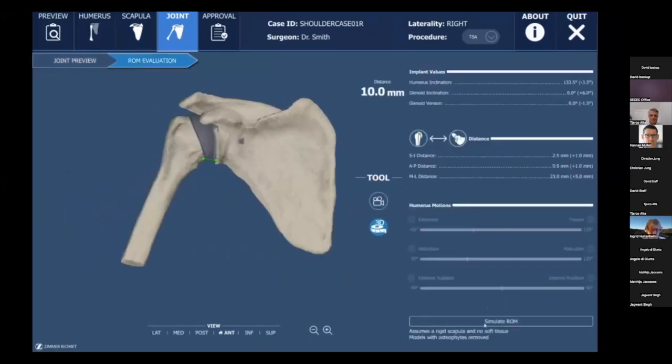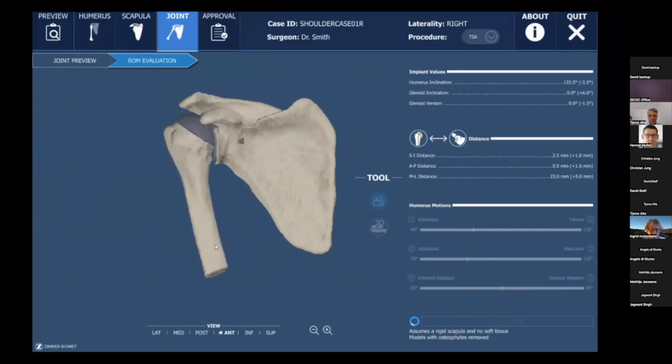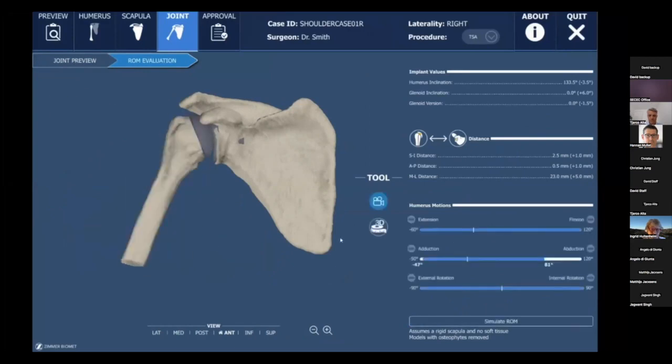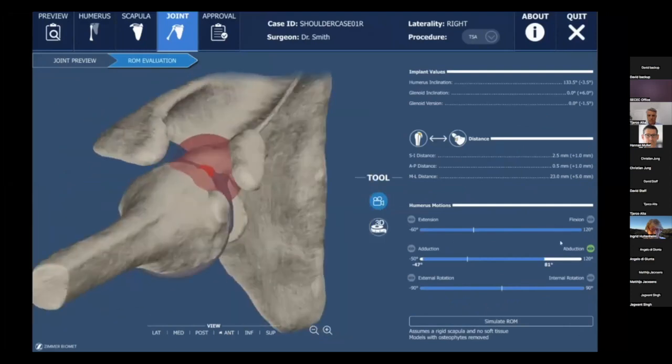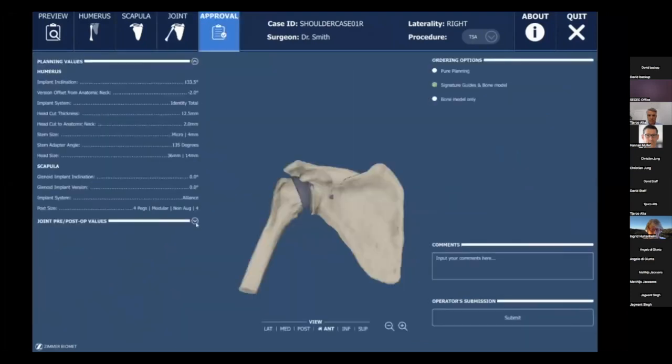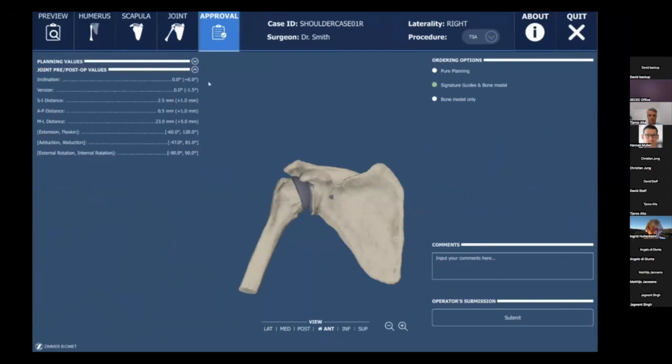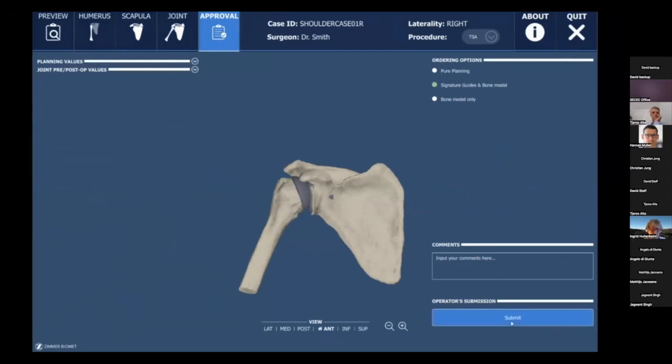And then finally, even impingement-free range of motion can be virtually planned when using this type of 3D planning. This brings a completely different preparation for the shoulder surgeon in his practice when he goes to his operating theater and is planning for a shoulder arthroplasty.